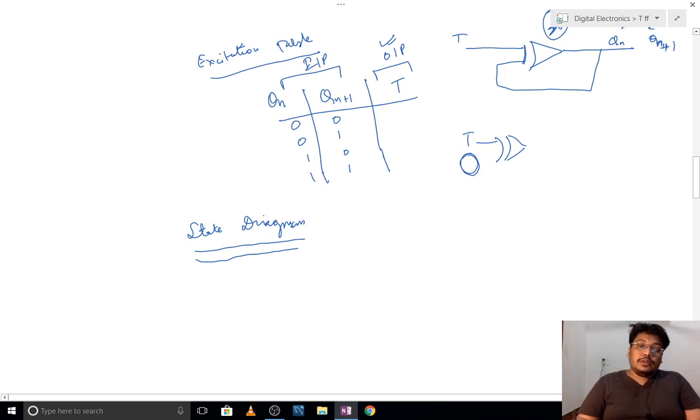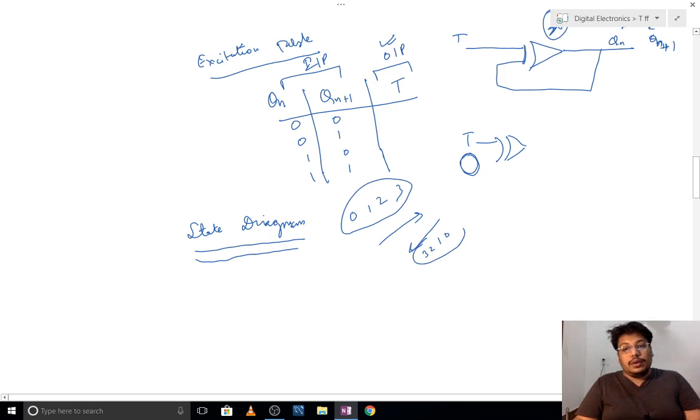But T flip-flop is used for up counting and down counting, that is 0 1 2 3 or 3 2 1 0. Basically this kind of counting, we do not need multiple types of flip-flops. The easiest implementation will be using T flip-flops, right?